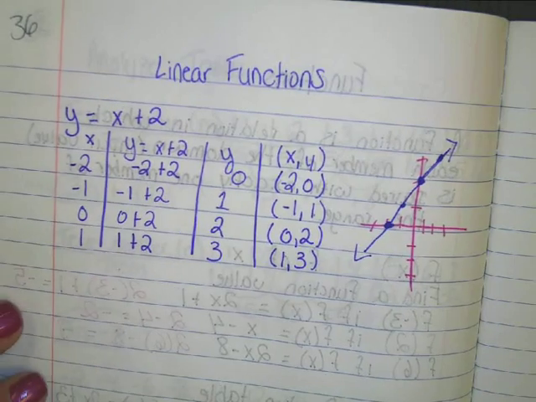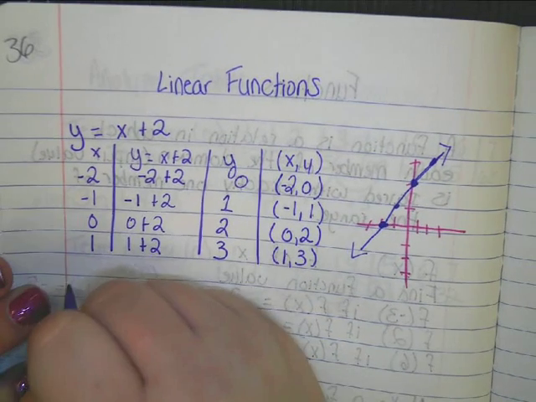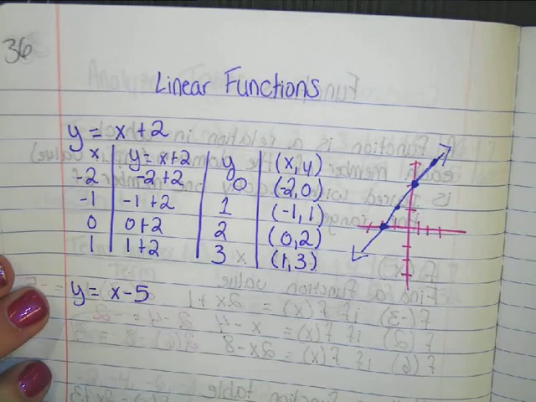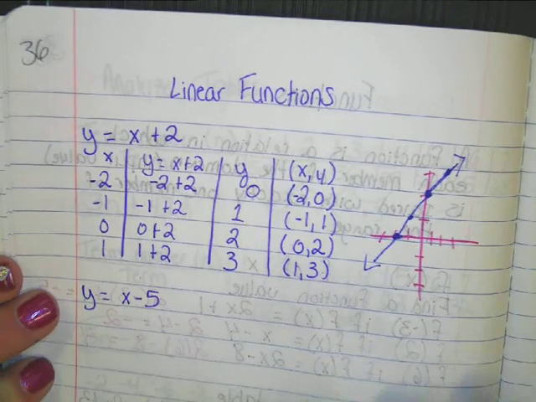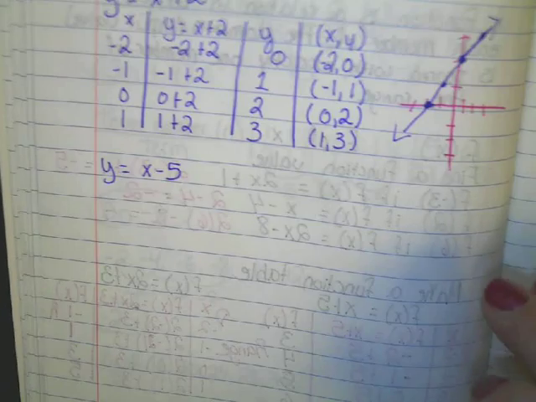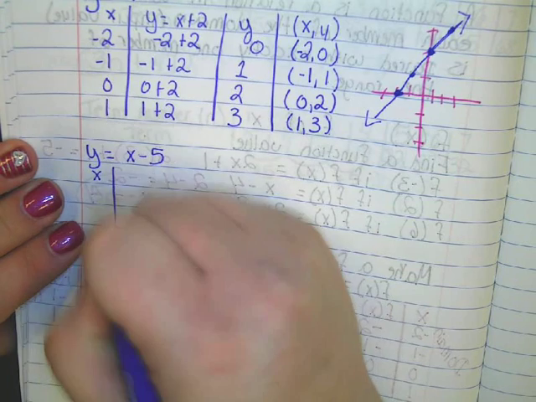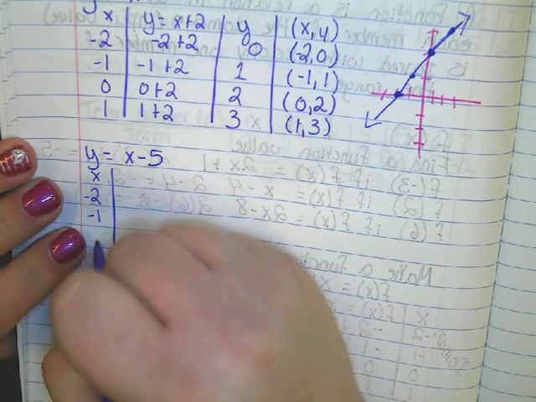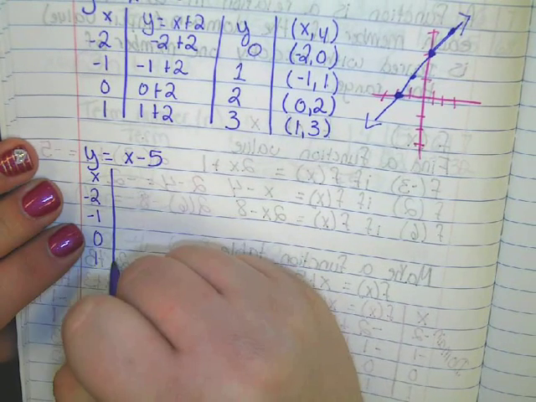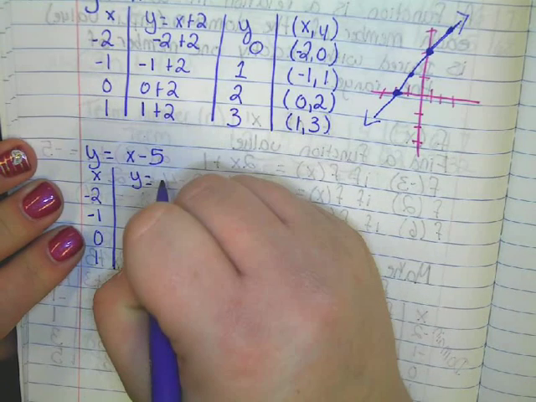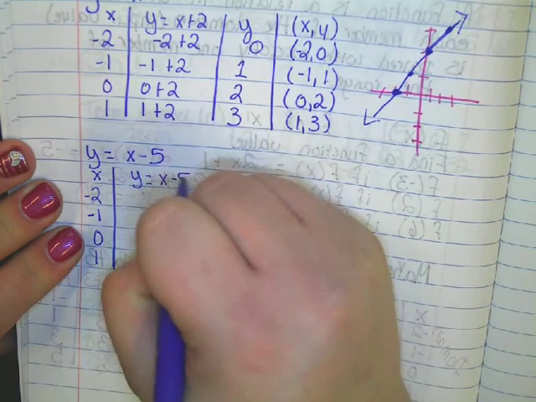Let's try y equals x minus 5. So still have our x values of -2, -1, 0, and 1. Now we have y equals x minus 5.